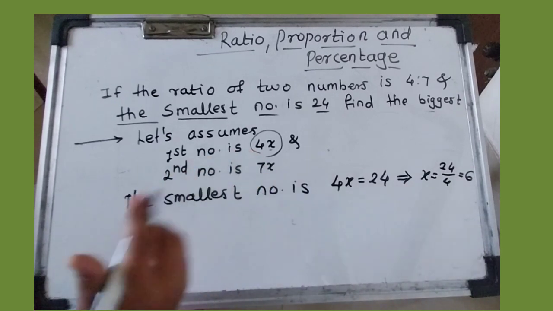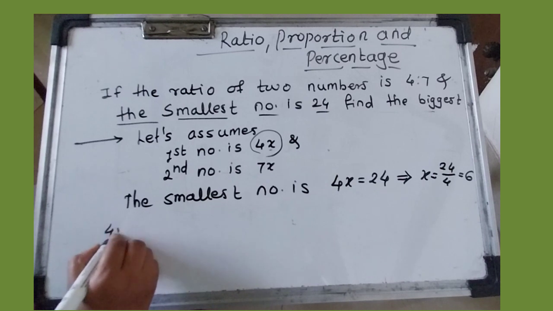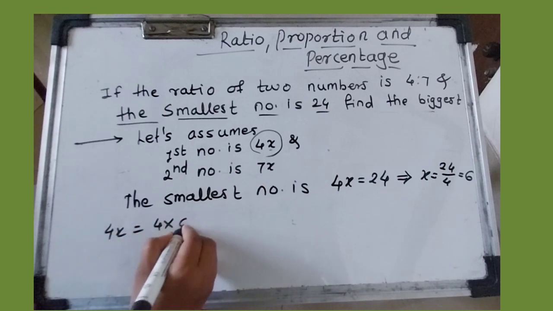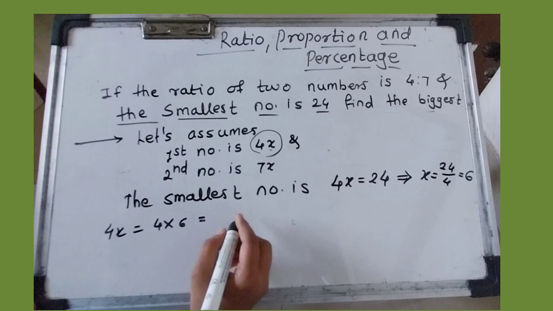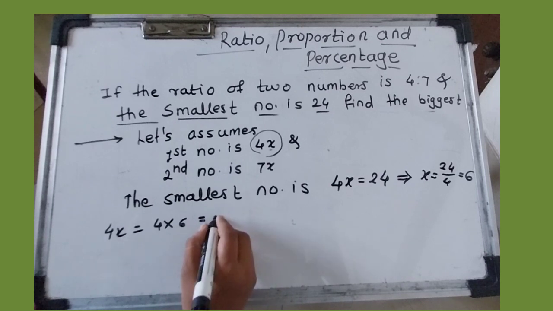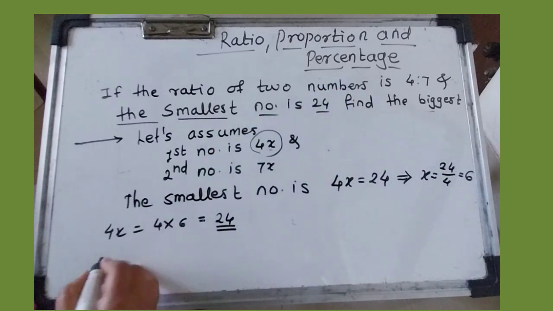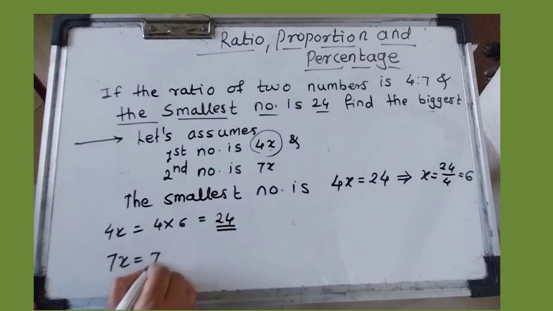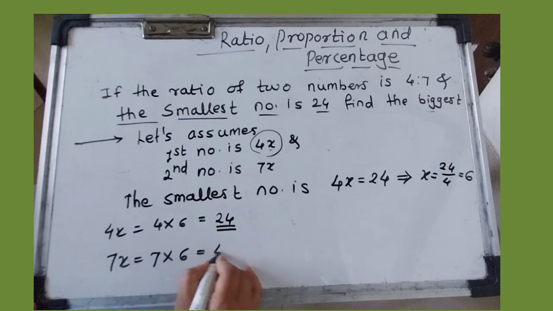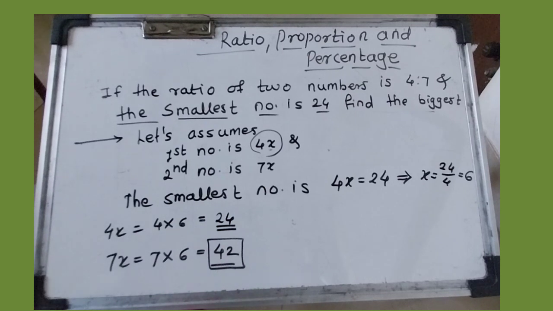So what we assumed here, first number is 4x, 4 into 6, so it is 24. Our first number, they already given it is 24. So what we have to find? Second number, 7 into 6, so it is 42. So required answer is 42. Clear? Very simple it is. Asked for 4 marks. Take a screenshot.